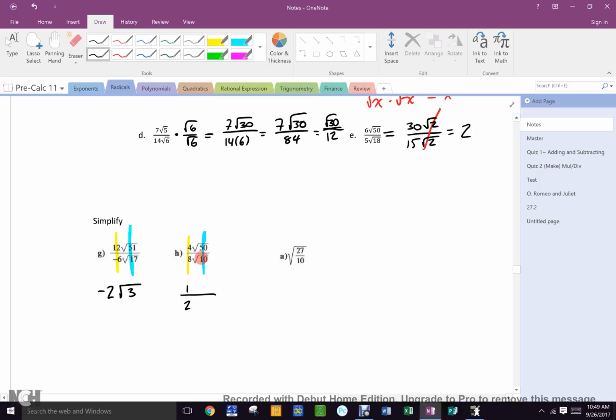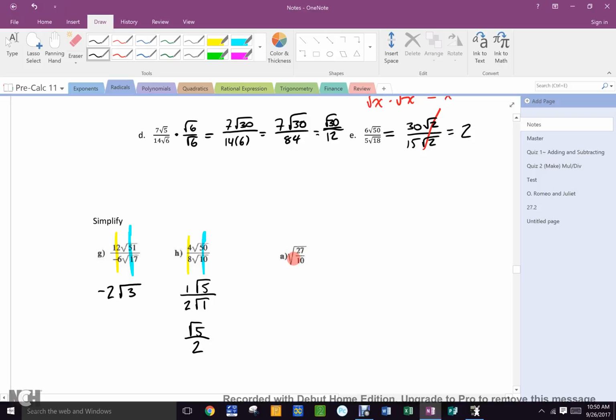And what's happening here? Root 5. What's happening there? That's going to be root 1, right? Okay. Do I ever write ones? No. So that is root 5 over what? 2. Is everybody cool? All right.